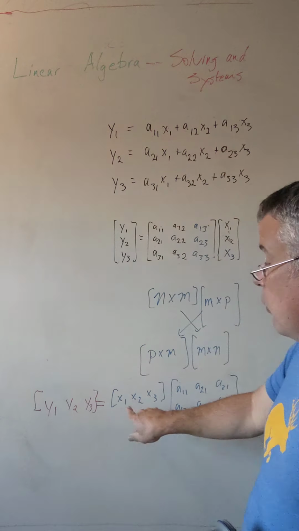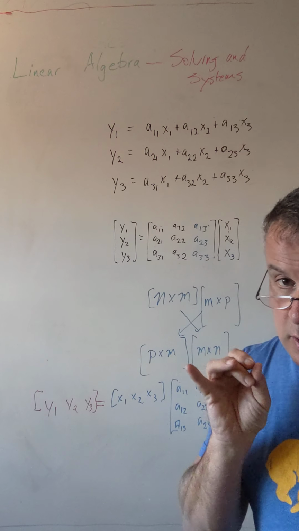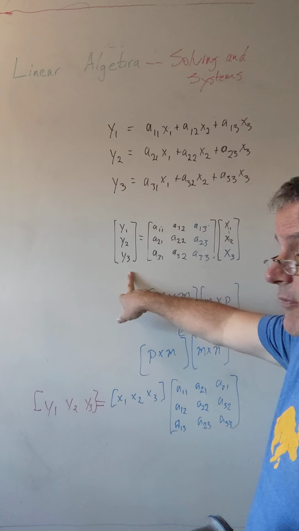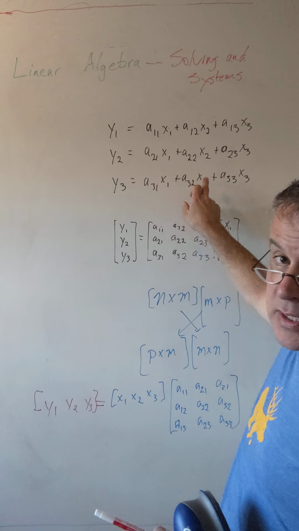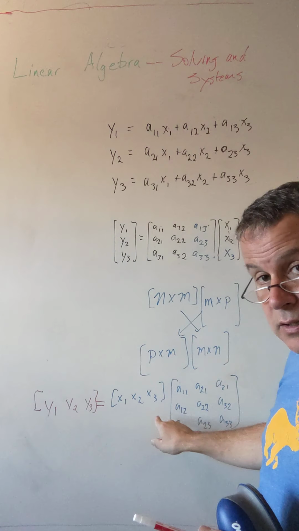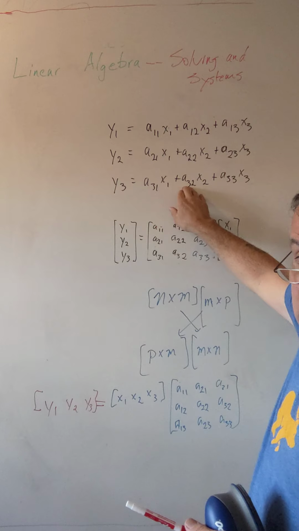So row vector, matrix transpose, row vector gives us identical information to column vector, matrix, column vector, where here each of the rows in that column corresponds to one of these equations, and here each of the columns corresponds to one of these equations.